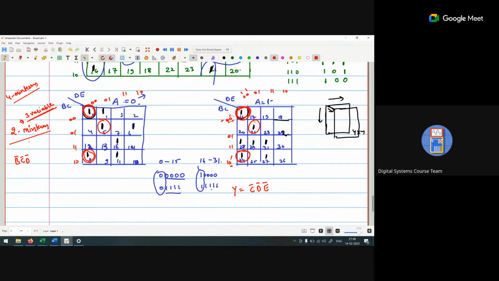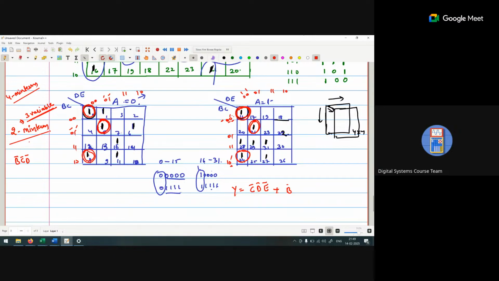Okay. Now, if you are talking about this term, this term will overlap with this term. So plus, if these two terms overlap, what is the value of this one? B value is 0, C value is 1, D value is 0, E value is 1.